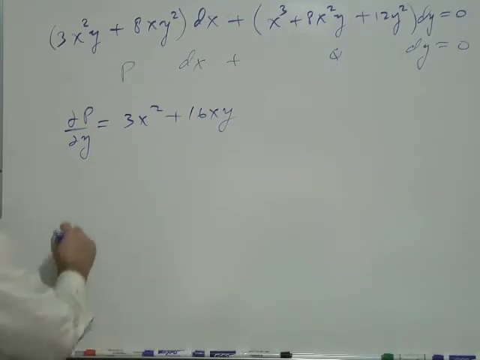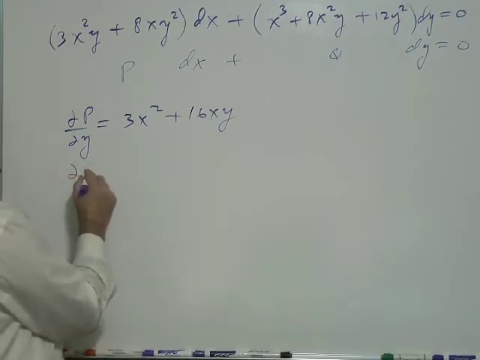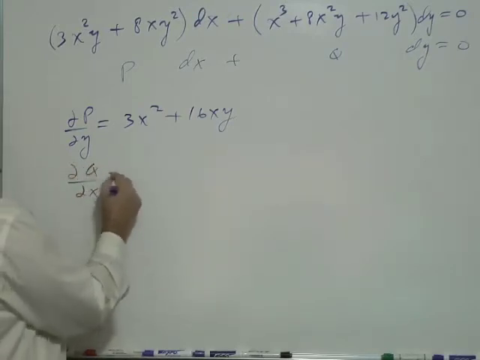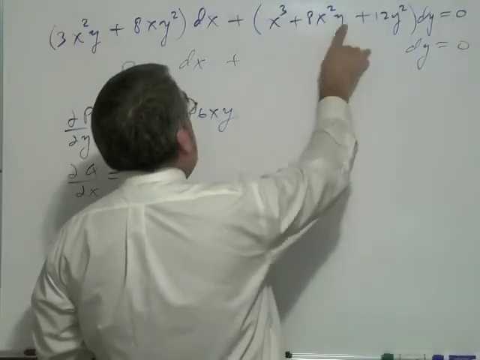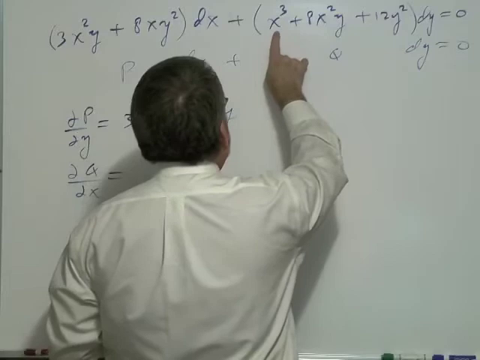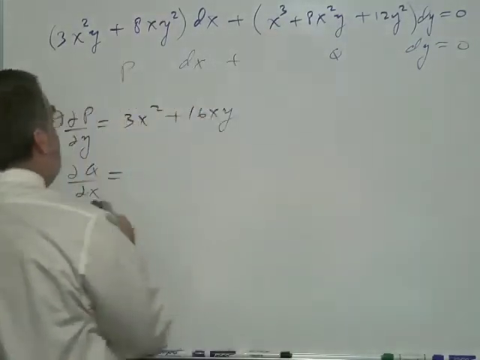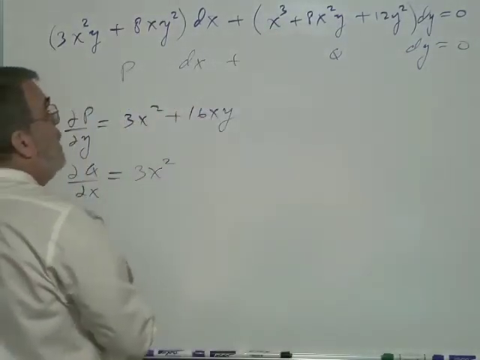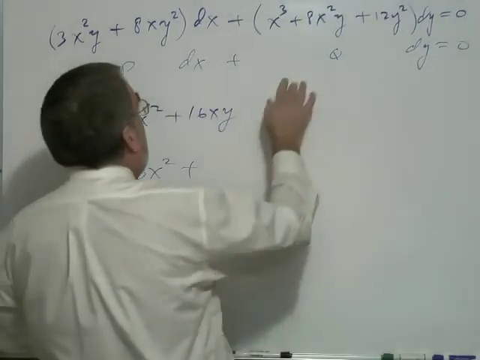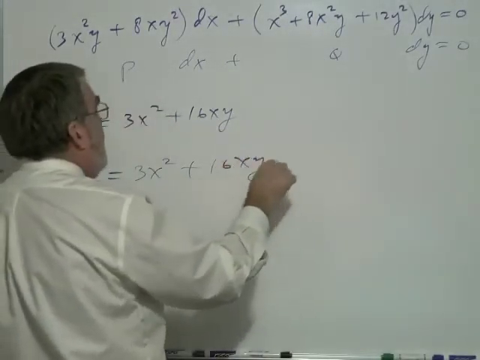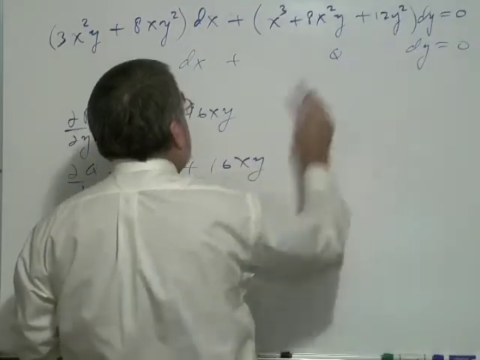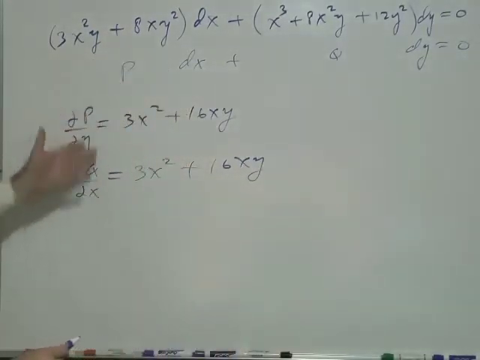And now I'll take the partial of q with respect to x, and here I'm treating y as a constant, taking the derivative with respect to x, so here is 3x squared plus 16x times y, 16xy, and this derivative with respect to x would be 0. So look what I have.